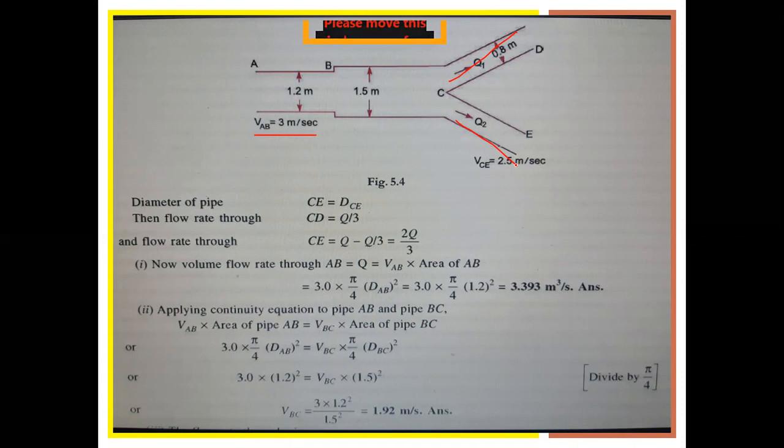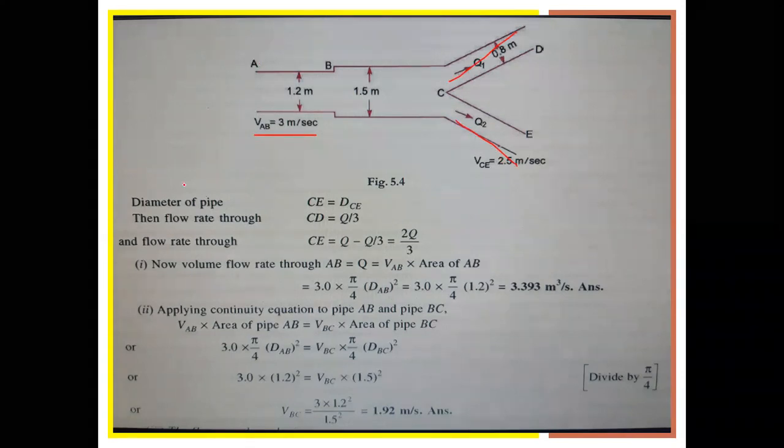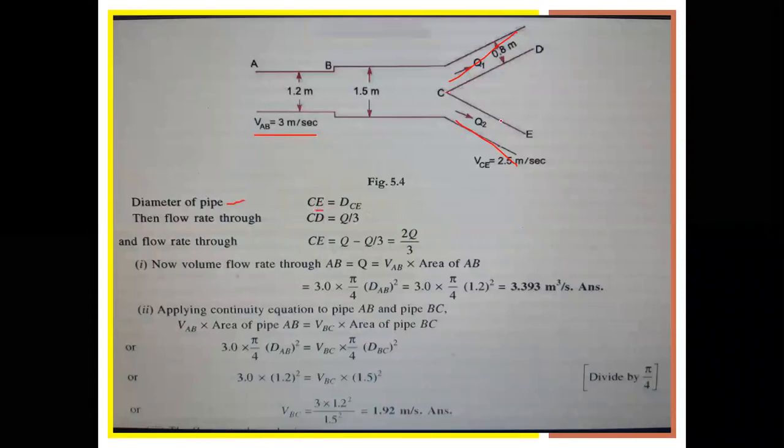Right now, the diameter of the pipe CE is equal to the diameter CE.